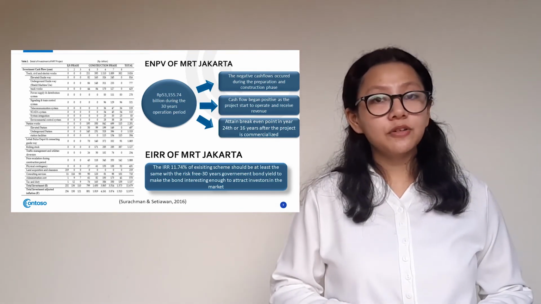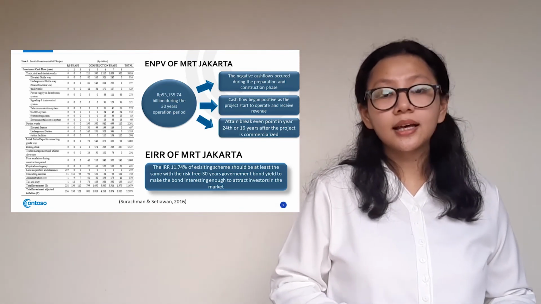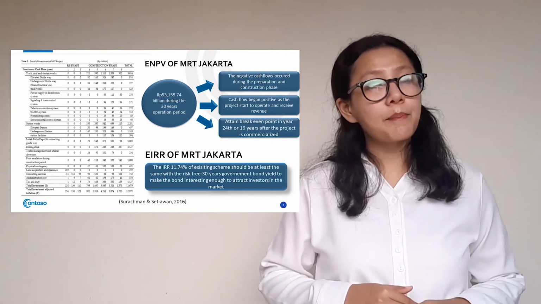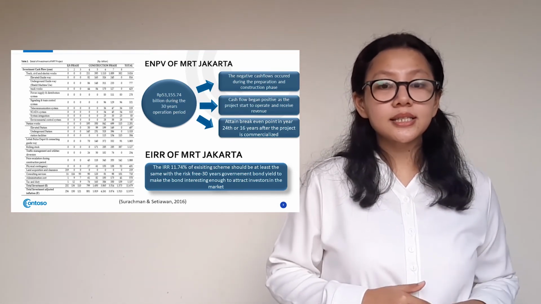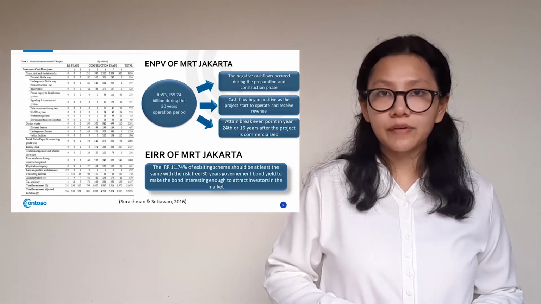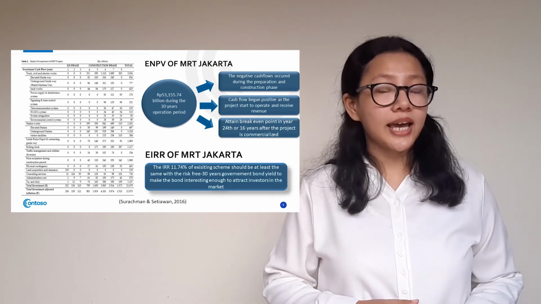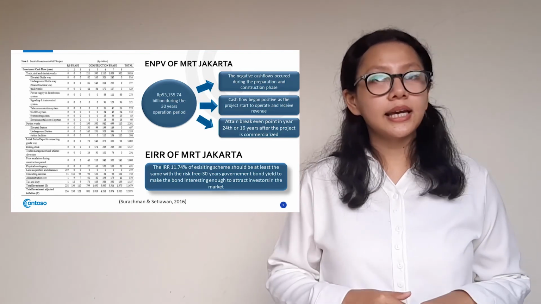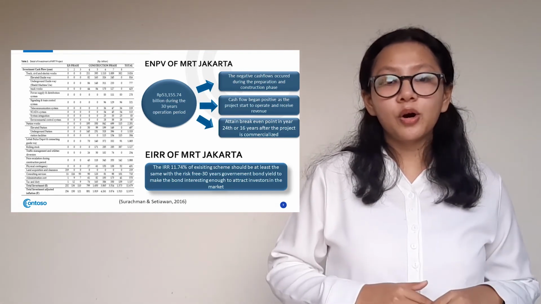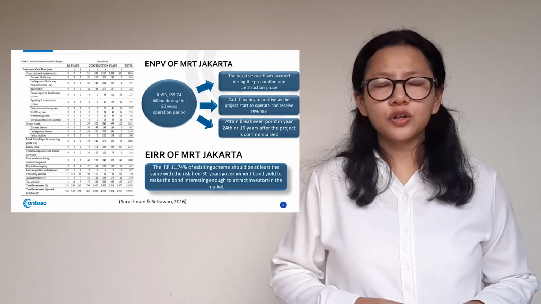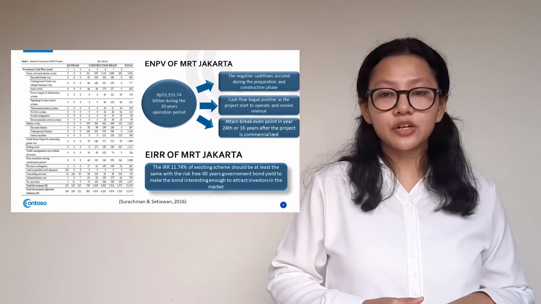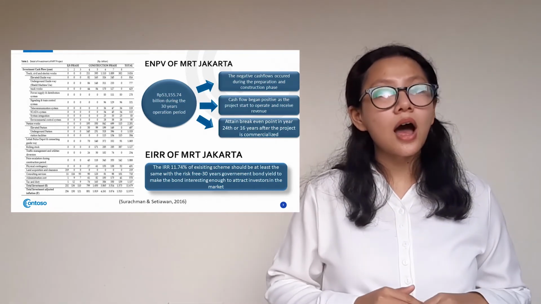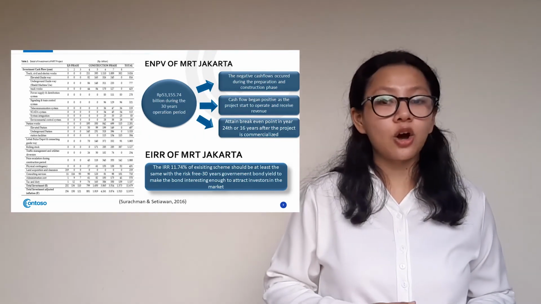Furthermore, starting from commercial and operation date, cash flow began to become positive as the project starts to operate and receive revenue. The trend of the cash flow is increasing during the operational phase and attained break-even point in year 24 or in its 16th year of the project after it first commercialized.